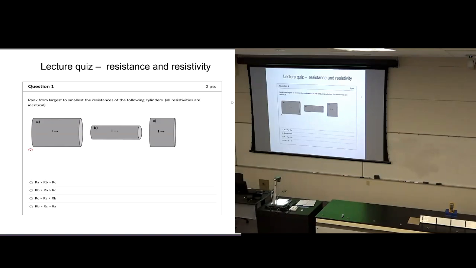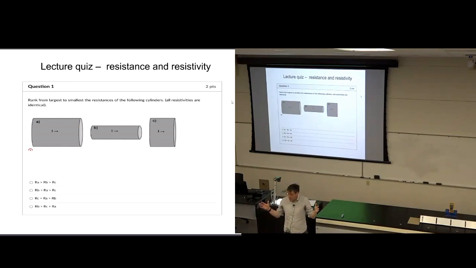Okay, let me give you the answer and we can check we all got it right. The question says rank from largest to smallest, so we want the largest resistance. Who has the largest resistance?